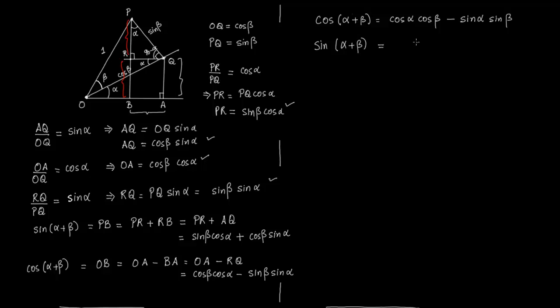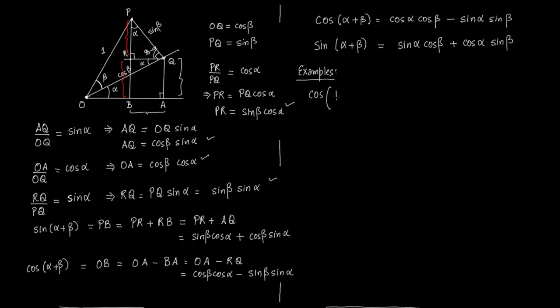Sin of alpha plus beta is sin alpha cos beta plus cos alpha sin beta. So I have done nothing, I have just rearranged what was already written. Now let us apply these formulas to certain examples.